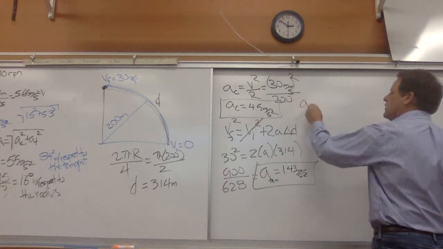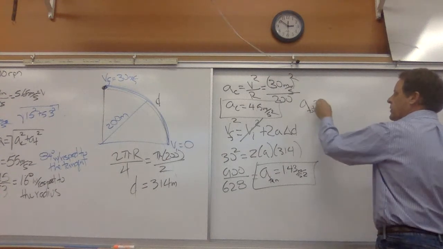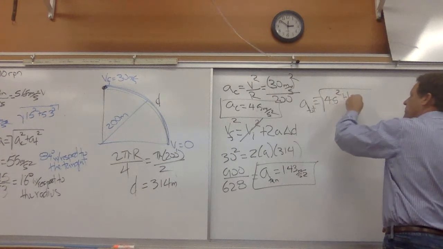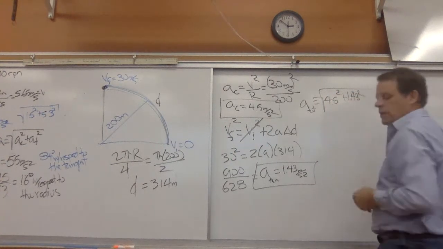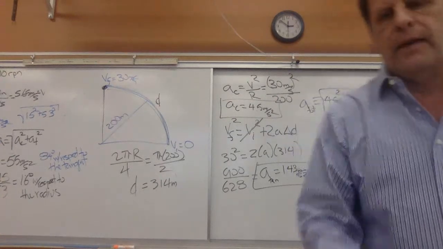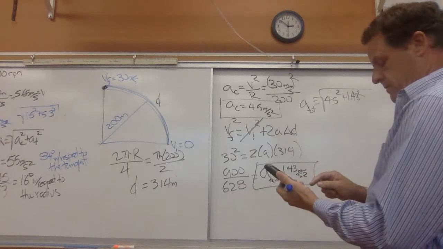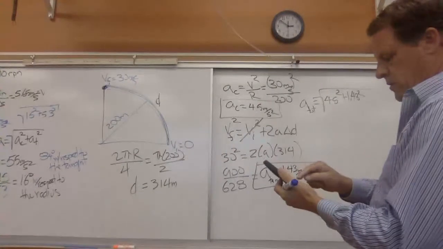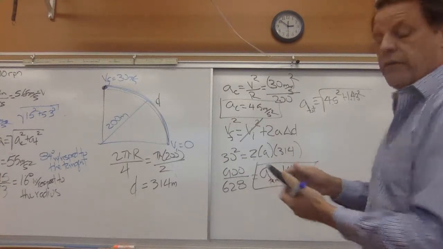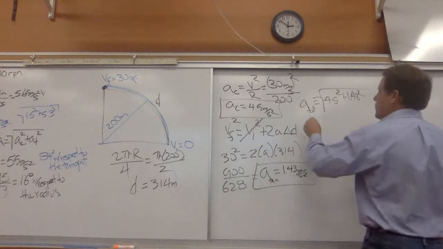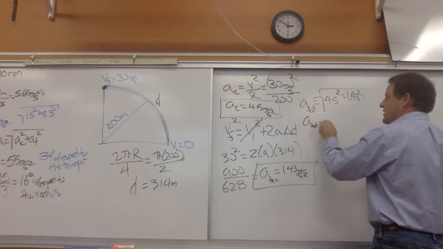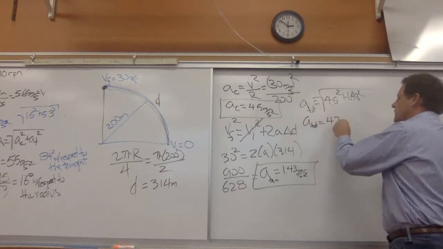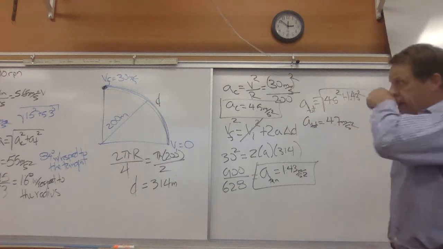So now if we want to know our total acceleration, that's going to be the square root of 4.5 squared plus 1.43 squared, and we're going to get 4.7. So the magnitude of our total acceleration is 4.7 meters per second squared.